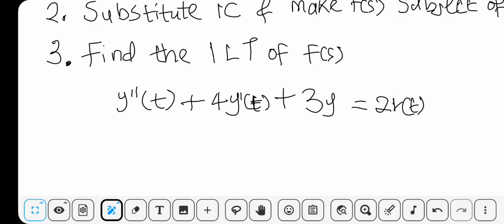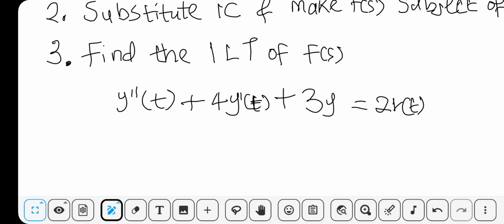So y prime prime of t is the same thing as the second derivative of y over dt squared. y prime of t is the same thing as dy over dt.